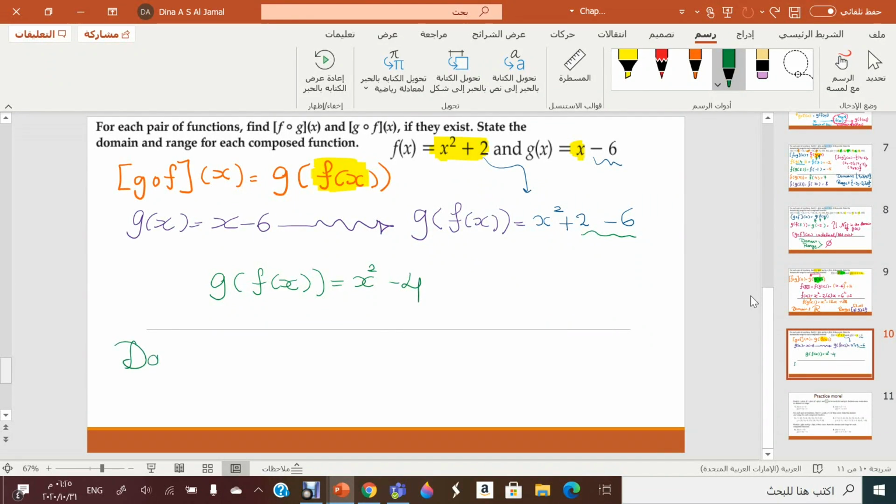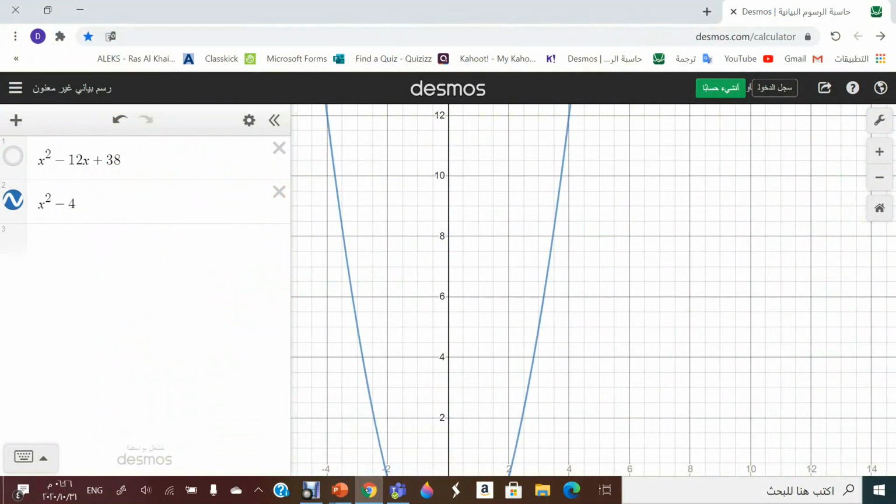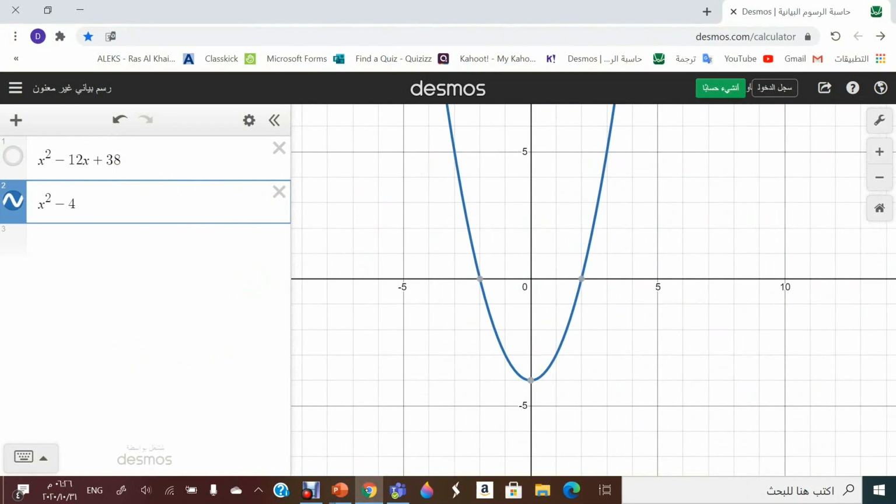So if you are required to find the domain and the range, you can study this function and compare it to the parent function y equal x squared, or you can just graph it as I did here for you, and you can study the parent function regarding the new transformed function, and your vertex will be 0 and minus 4.